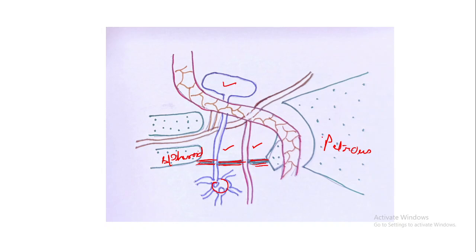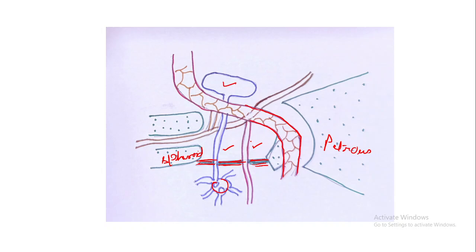Now in this petrous temporal bone, there is presence of carotid canal. This carotid canal runs in the length of petrous temporal bone, through which internal carotid artery passes. This structure is the internal carotid artery, which is surrounded by sympathetic nerve plexus and also the venous plexuses. This internal carotid artery goes through the carotid canal and reaches the superior part of foramen lacerum.